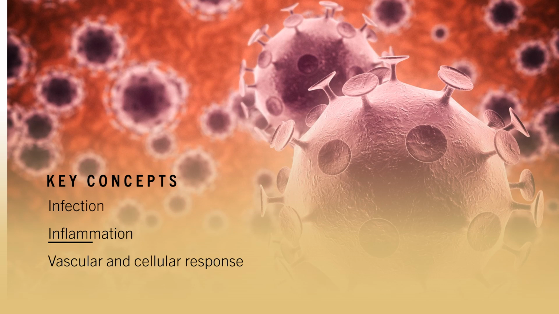And that allows for more fluids, more blood, more nutrients to come into the area of injury or disease. And the cells themselves, that's the cellular responses when the white blood cells come galloping in on their horses and decide to take care of all of it.